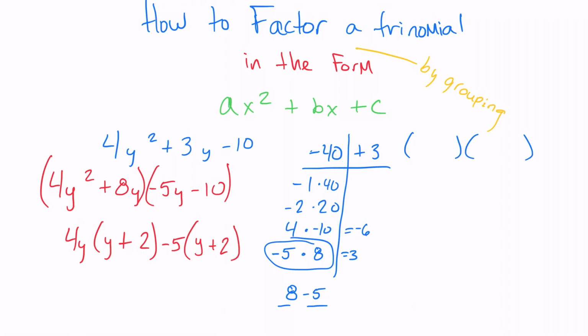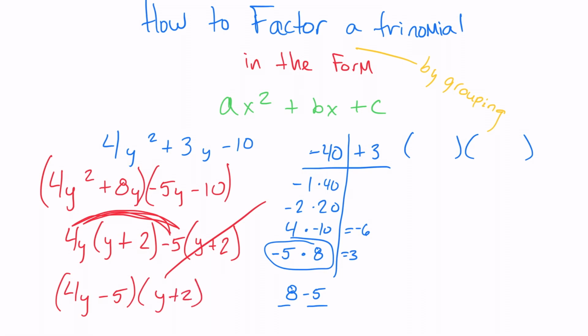Now, notice I have two binomials here that look exactly alike. That's exactly what I want, because I can cancel one of those out, and I can combine these two terms here together in a binomial to make 4y minus 5 and y plus 2. And now I have my factored form of my trinomial.